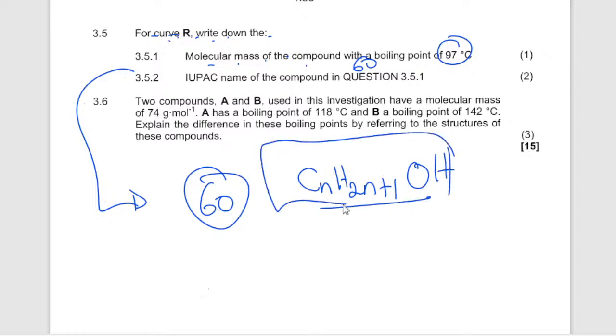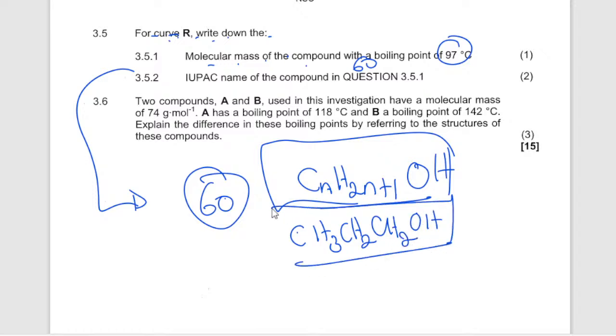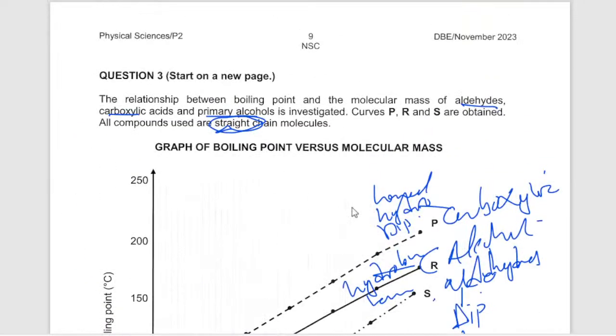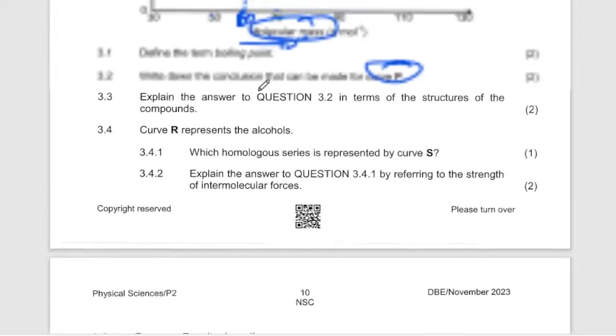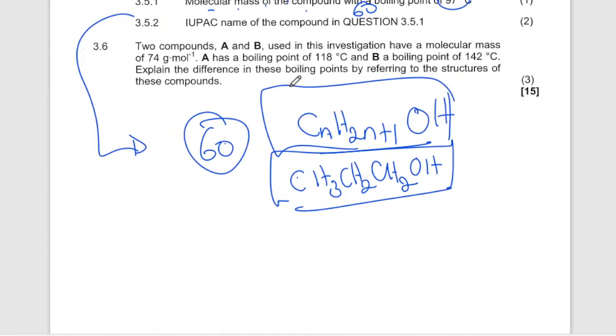That's the formula you're supposed to use, and if you substitute, you'll find out that it is CH3CH2CH2OH. Why this? Why not branched? Why not secondary alcohol? Because at the beginning they said these are straight chain molecules, so that rules out the branched ones.